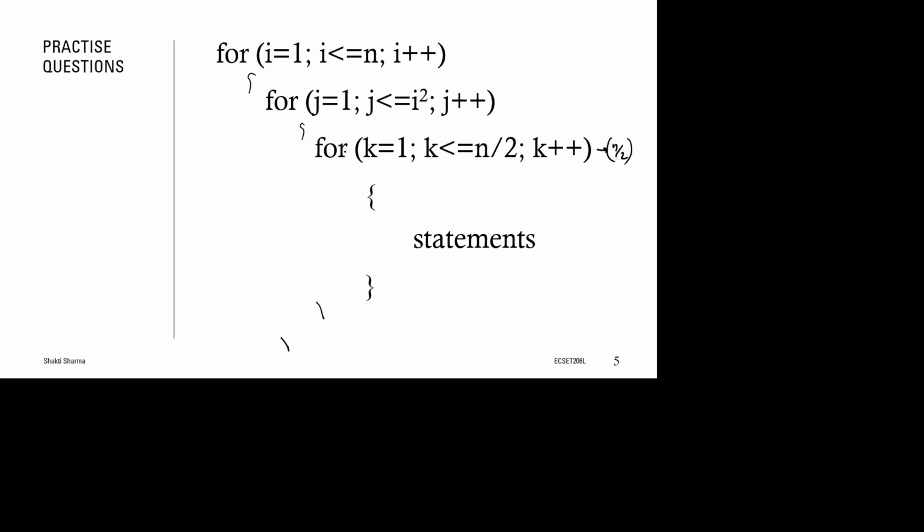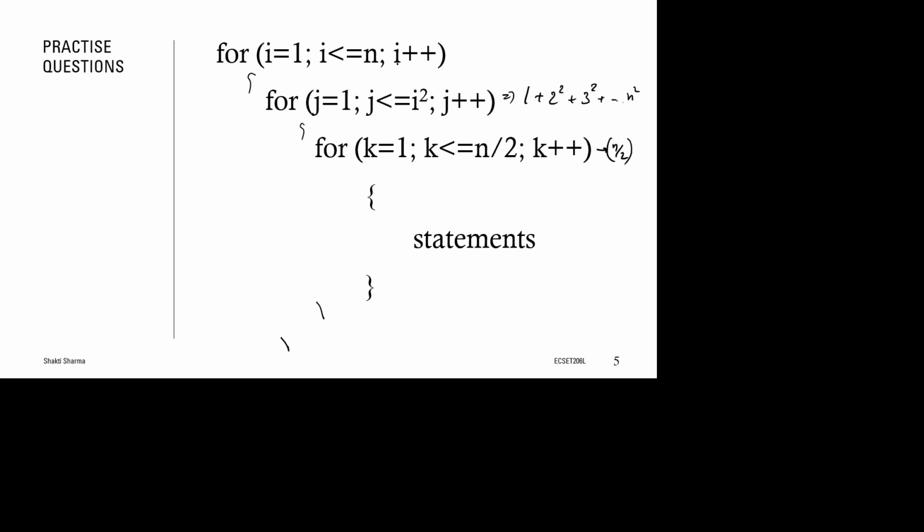So I say this runs n by 2 times. Now, if we try to calculate how many times this loop is executing, this is a little interesting, because this loop has a dependency on the upper loop. So when i equals 1, this loop executes one time. When i equals 2, it executes 2 square times, 3 square times, and so on. So based on different i values, it executes a different number of times.